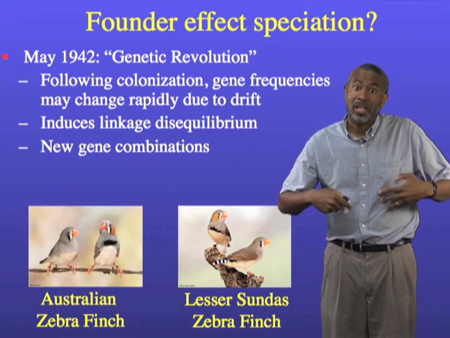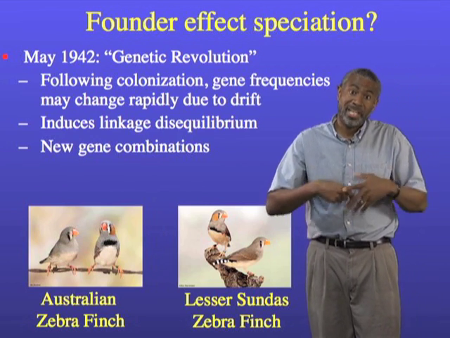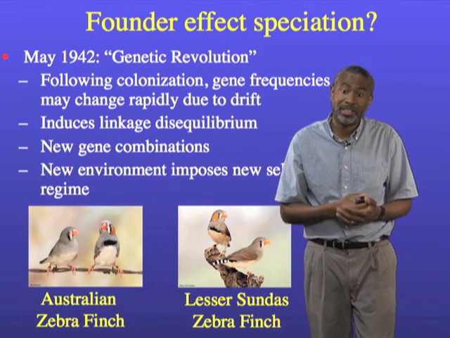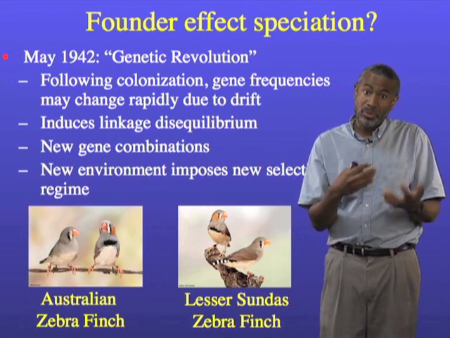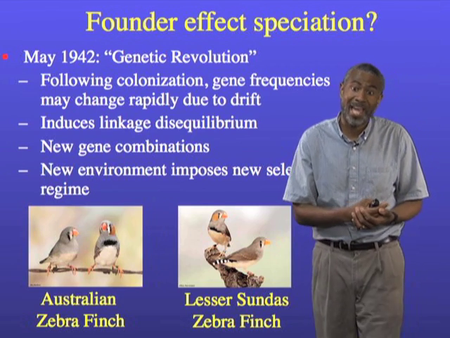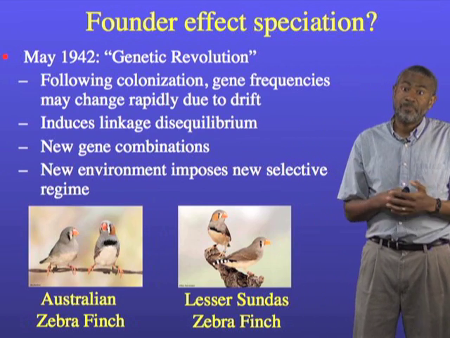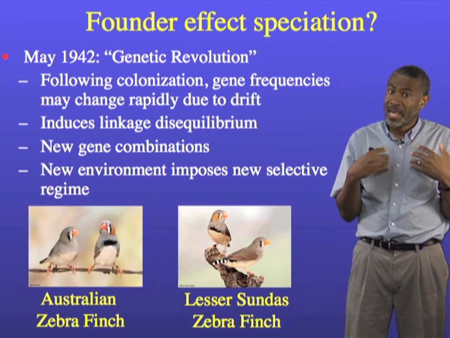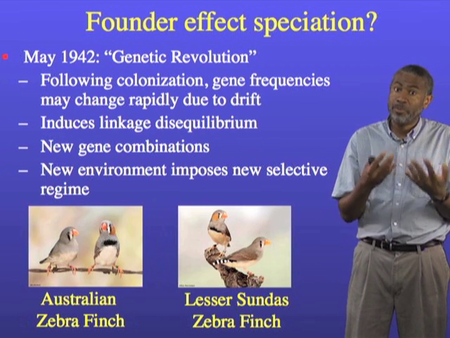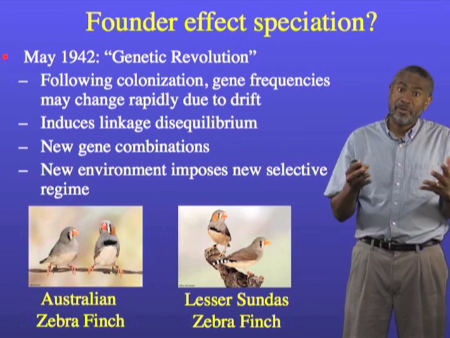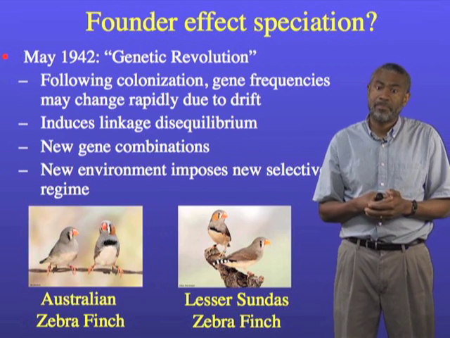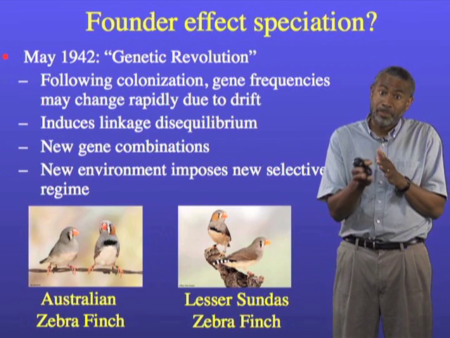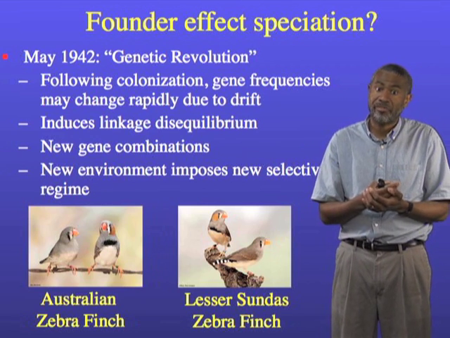It can cause linkage disequilibrium to increase, as we saw, and it can create new gene combinations and potentially new material for evolution on which to act. So it may be that the founder effect in this species has helped to move the species along to different populations in the island and the mainland populations. And here are some examples on the bottom. You can actually see the plumage of these two populations are quite different.